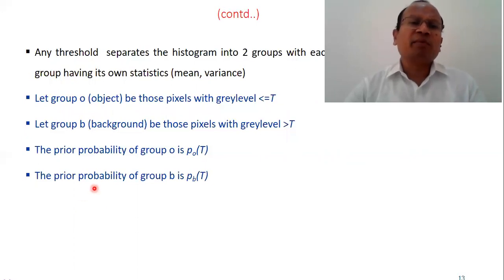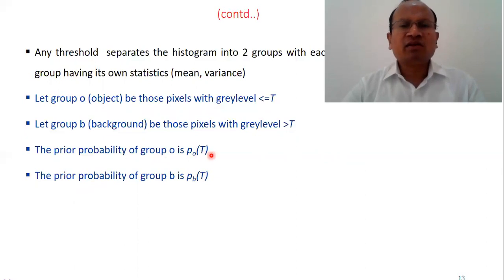So here is probability theory. There is a probability P_O(T), which is the probability of those pixels having values less than or equal to T, and those having greater than T, let the probability be P_B(T).